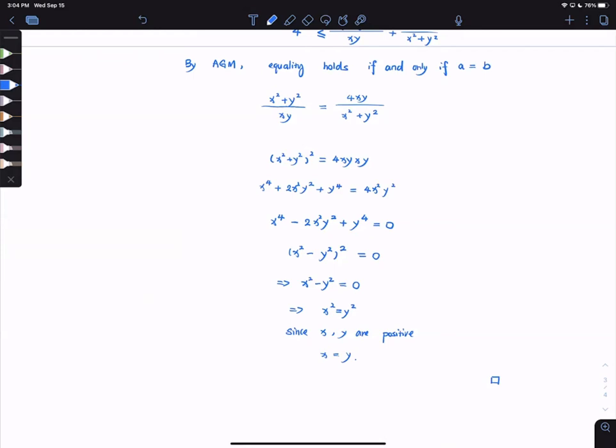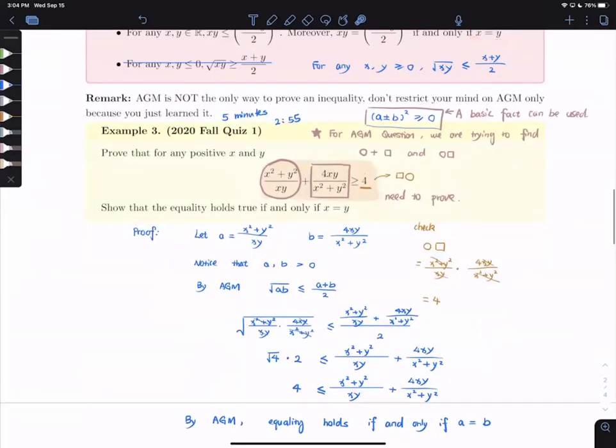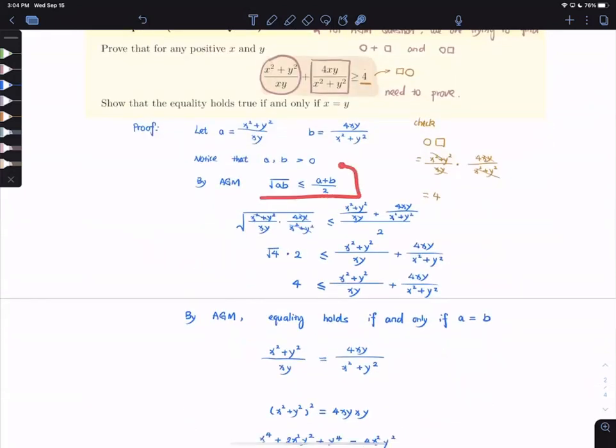AGM holds when A equals B. Here, equality holds when x equals y. So here, your xy is my AB. It's actually simple, but sometimes it takes time to figure it out. And once you figure it out, you're like, oh, it's that simple.